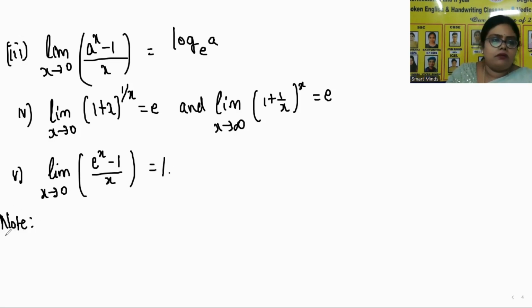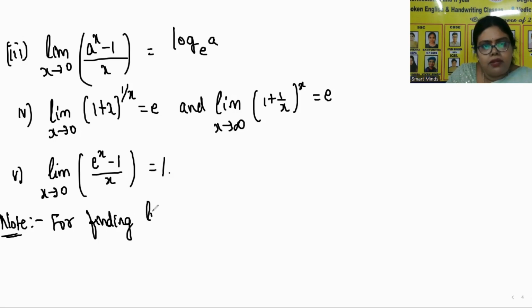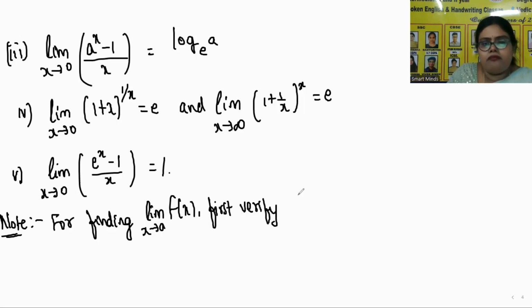Write a note over here. For finding limit x tends to a, f of x, first verify f of a. F of a means you have to substitute this constant in the place of x. If you are getting 0 by 0 or infinity by infinity, that is called indeterminate form.